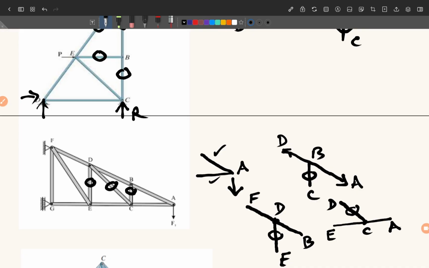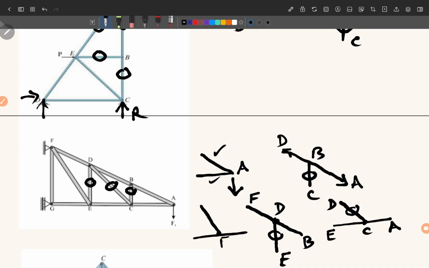Now we come to joint E. What is happening at E? Again we find that because ED is 0, only three forces are now remaining at joint E. So we can say that joint E is having these three forces.